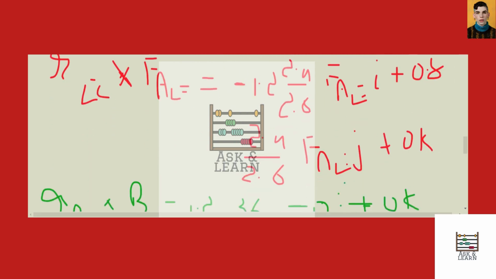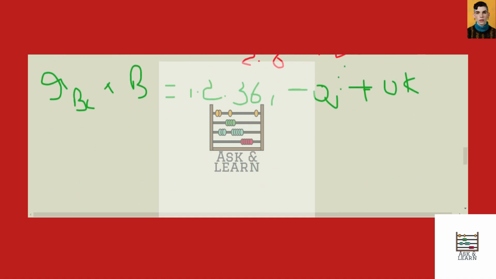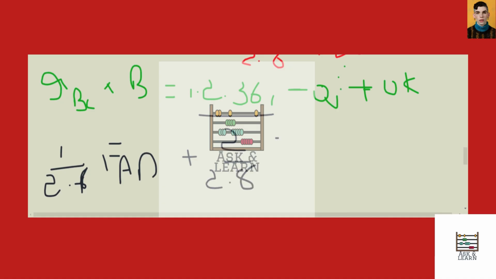Then in this equation, the item is minus 1.2 into 2.4. This one is the item. And in this is the item. So in the next step, we are going to add all these three items, which gives the answer 1 upon 2.6 FAD plus 1 upon 2.8 FAE is equal to 3.